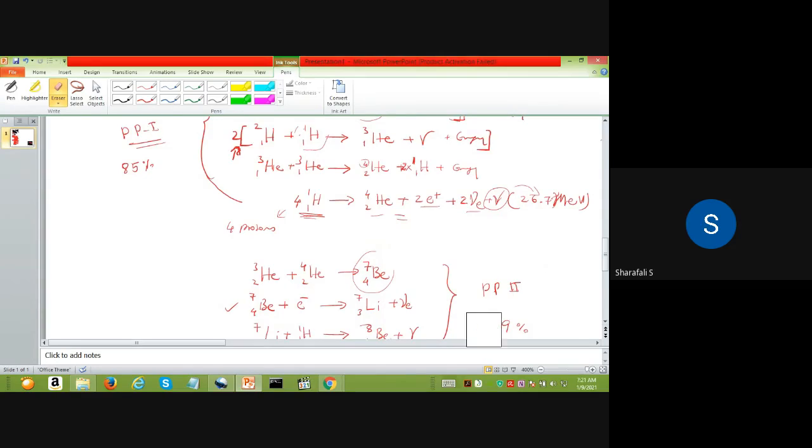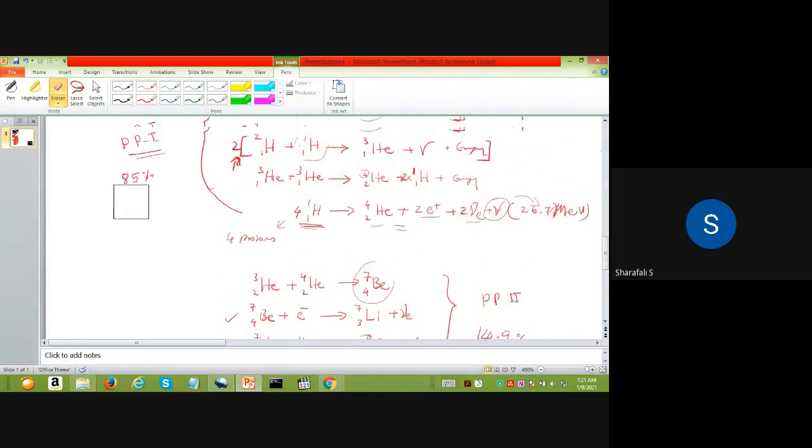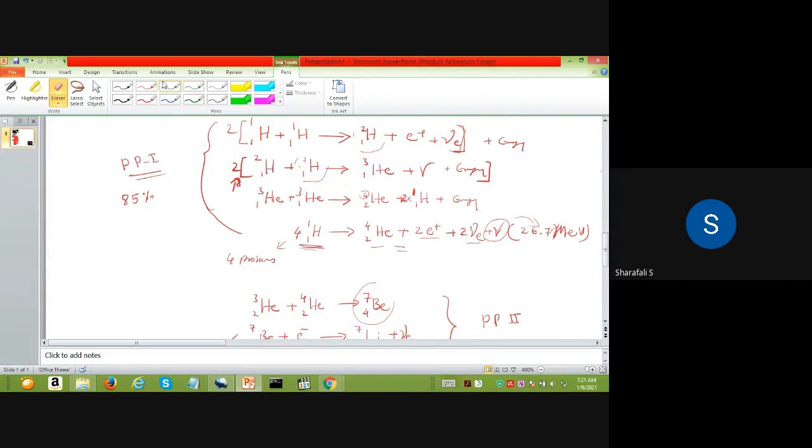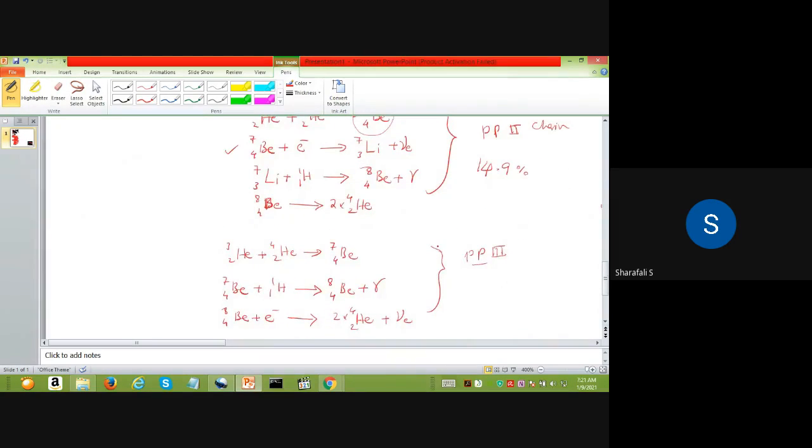Cycle means it should rotate. So this is not a cycle, this is a chain of reactions. So this is the PP1 chain, and this is the PP2 chain of reactions. This is the PP3 chain.